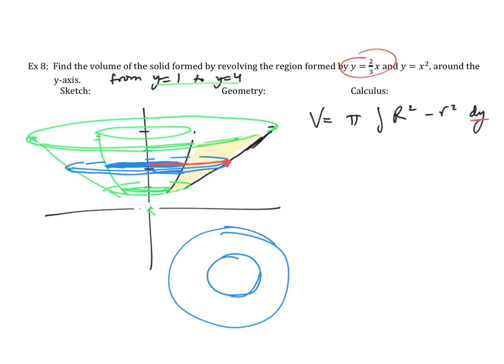If y equals 2/3 x, then if I multiply by 3/2 on both sides, that's going to give me 3/2 y equals x. So trying to get x by itself, x in terms of y, because I really want the x distance. That's what I've drawn in red there, the x distance. I just need to have that in terms of y. So my big radius is going to be 3/2 y.